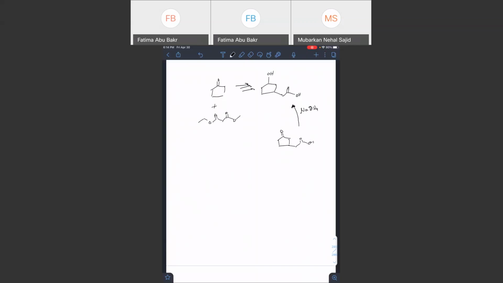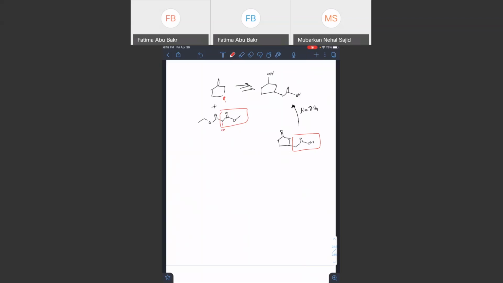Now, interestingly, you'll see that this group right here, including the carbon actually, is just half of this, right? Let me draw in a different color. What I draw here in red is the same thing that I've circled in red here. Imagine if the alpha carbon here attacked this portion of the thing. That would result in this, right?